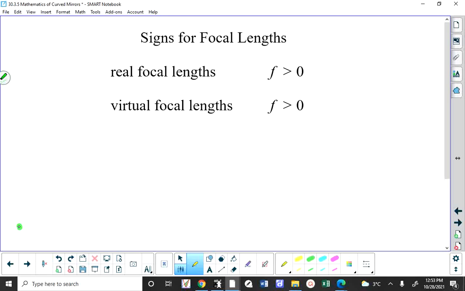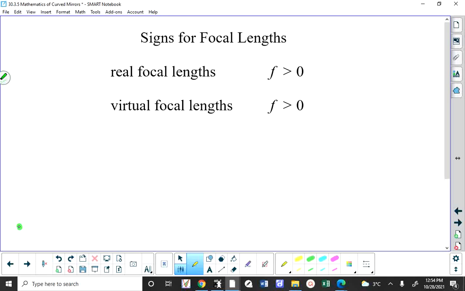That's where the negative comes from. The focal length of this type of mirror that you're looking at, which is a concave mirror, is out in front of the mirror, so that's why we say it's positive. This concave mirror that I'm holding up has a positive focal length. It has a real focal length.